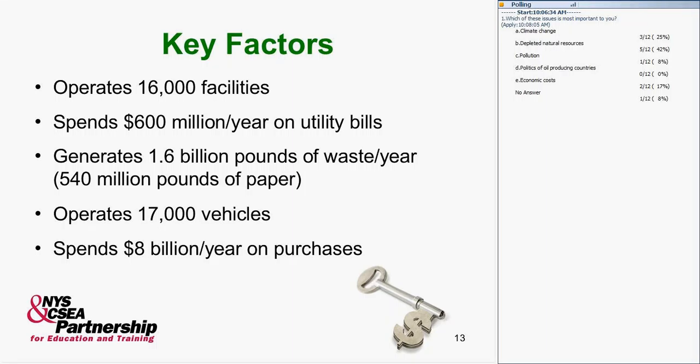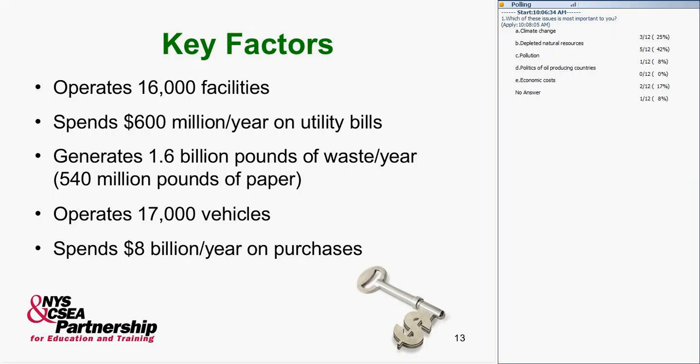For 17,000 vehicles, it happens that government vehicles are the easiest to make changes to because they all tend to be fueled at the same place. They all tend to operate out of the same place. Whereas everyone drives their car from their driveway, everyone drives a state vehicle from a state facility.